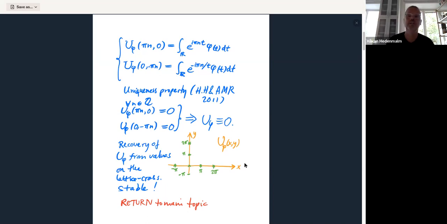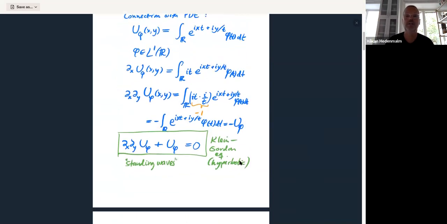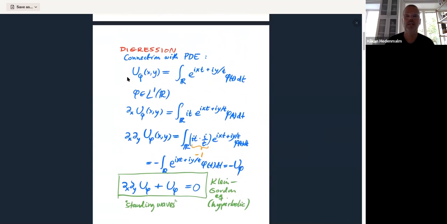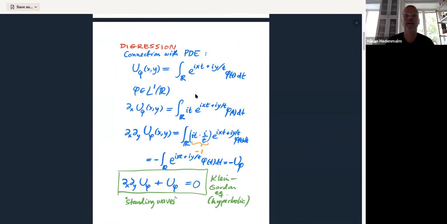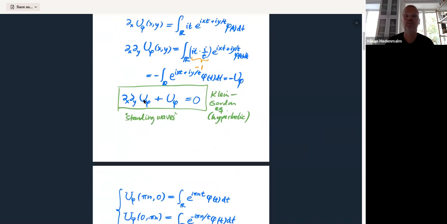But here, this function is not entire. It has nothing to do with entire functions. You can't just plug in complex x and y here, it won't work. They're just real. And the function only solves this equation, it's not holomorphic.